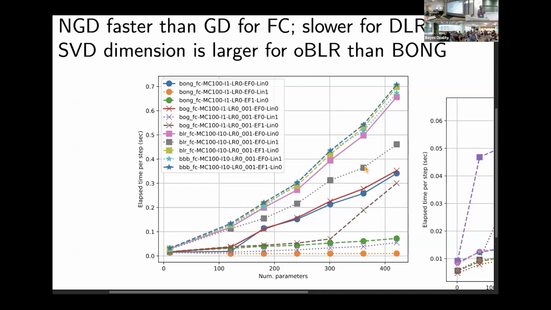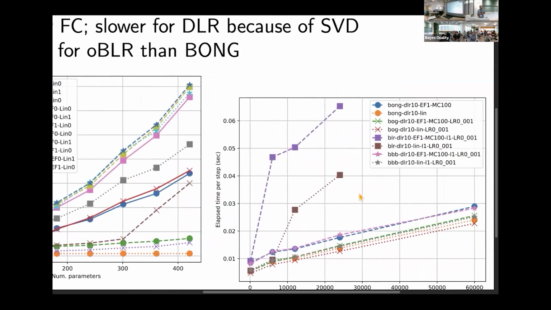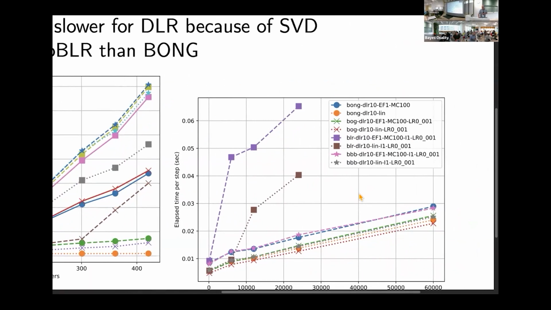So you can see overall, BONG and BOG, which are the one-step methods, are a lot faster than the iterated methods, BLR and BBB, and the linearized version of every method is faster than the nonlinear version of the method. This is true in the full covariance case, and you get the same pattern qualitatively at least with the diagonal plus low rank approximation for the variational family.